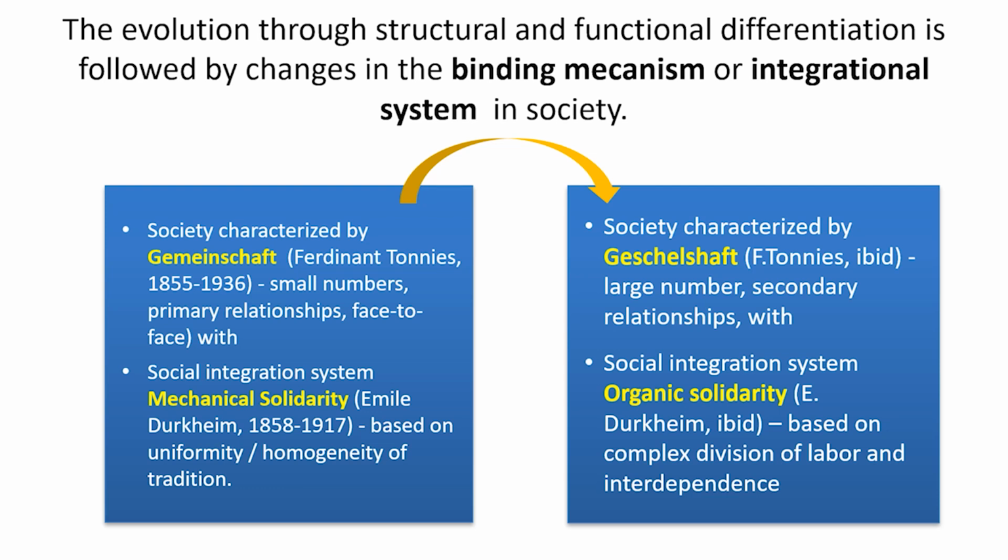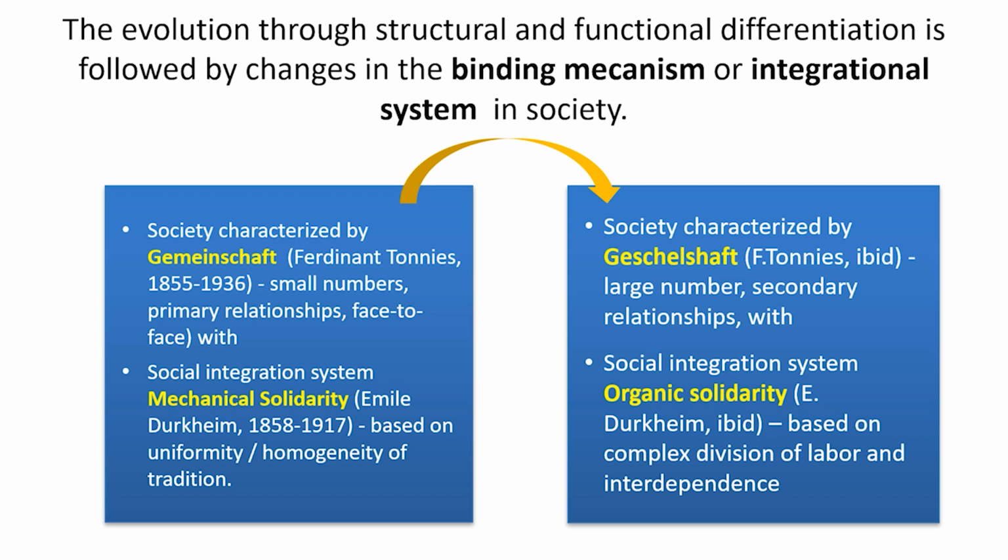And the more complex society is characterized by Tönnies as a Gesellschaft, that is characterized by a large number of members using secondary relationship dominantly.